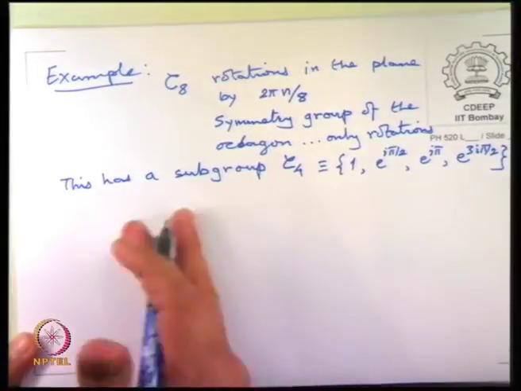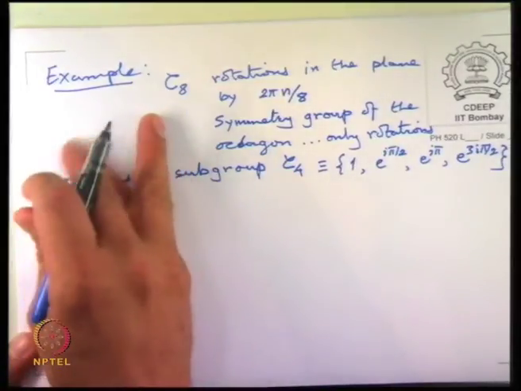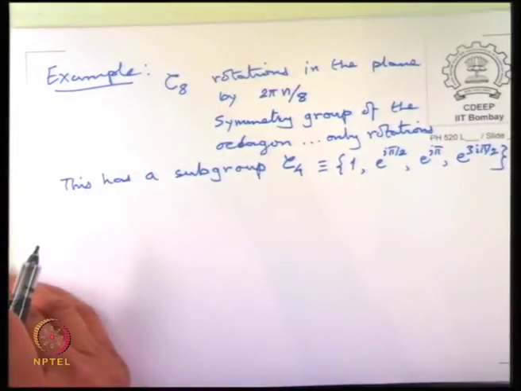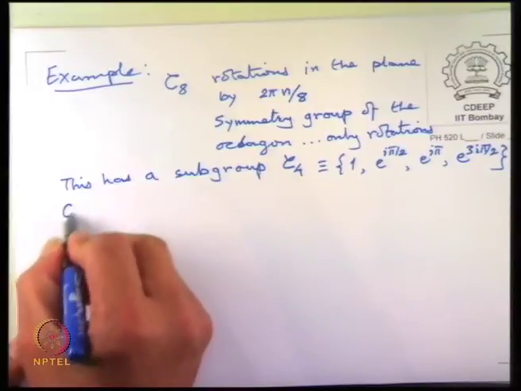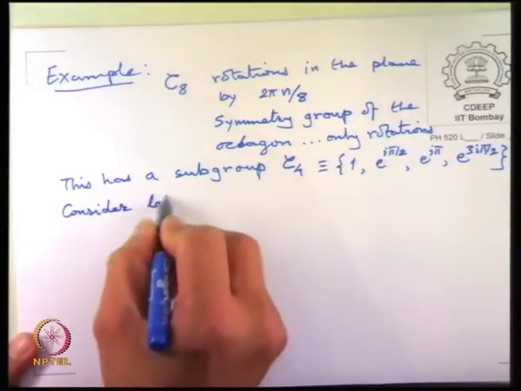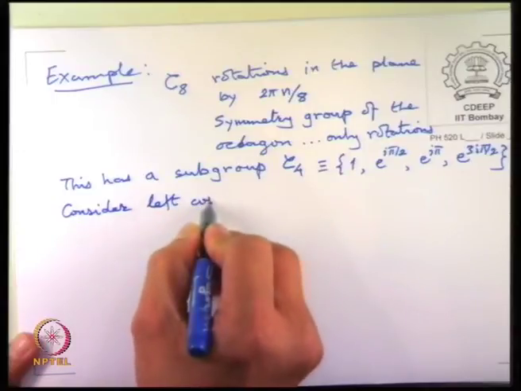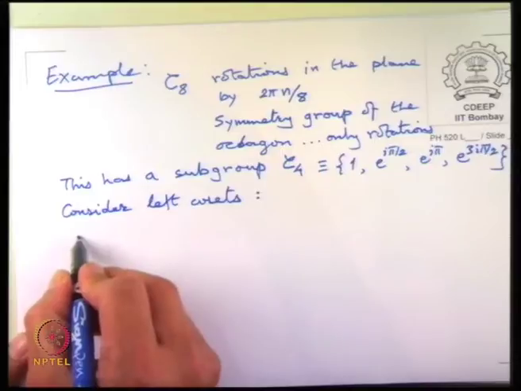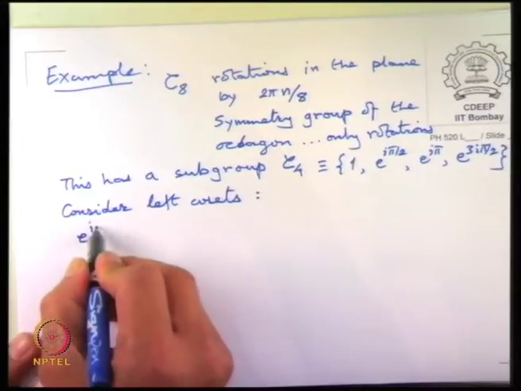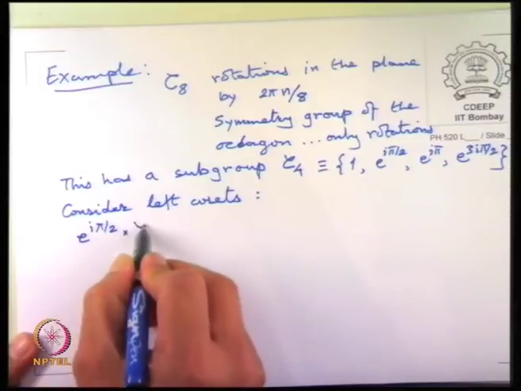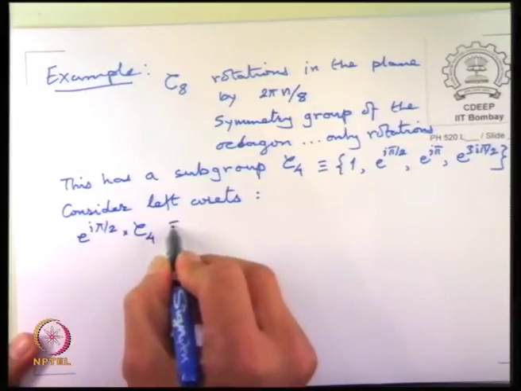Now suppose we take some element of C8 and multiply on the left by this. Where I take e to the i pi by 2 and multiply on the left. What will I get?